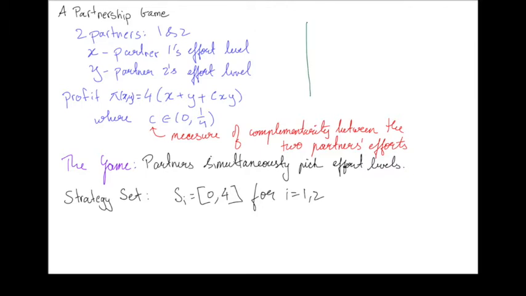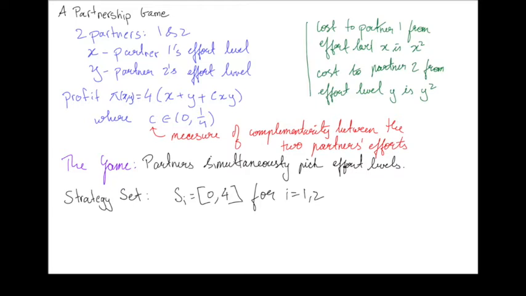Effort isn't costless here. The cost to player 1 of expending effort level x is x squared, and the cost to partner 2 of expending effort level y is y squared. So the payoffs are going to be: partner 1's payoff from the strategy profile x and y is half the profit minus the cost that he bears.